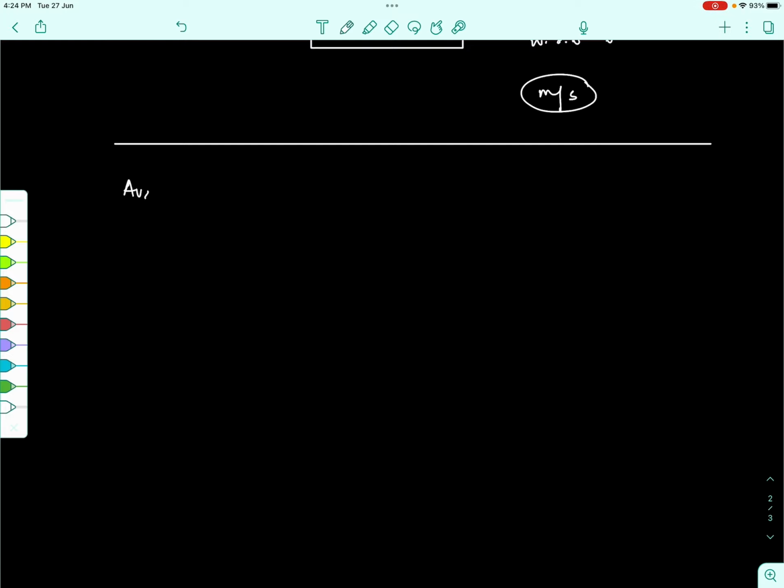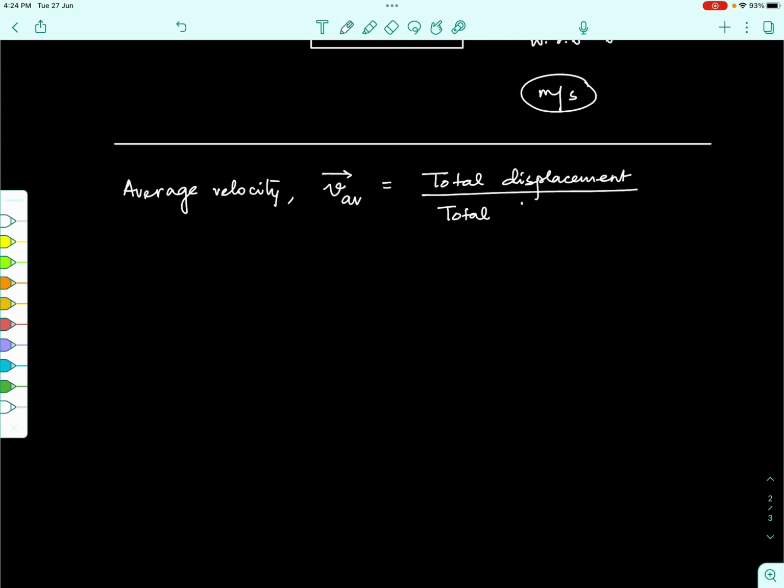So, average velocity, which we denote by the letter V with a vector sign and a subscript AV, will be the total displacement covered by a body over the total time taken in covering that displacement. Unit will still be meter per second. This time this is a vector quantity, this is what we have to understand.